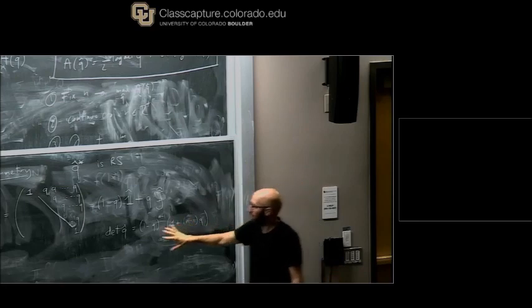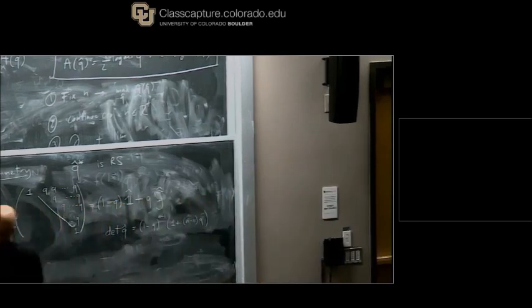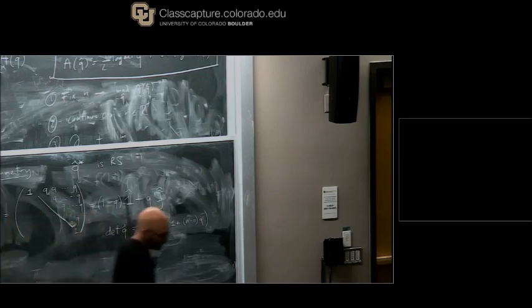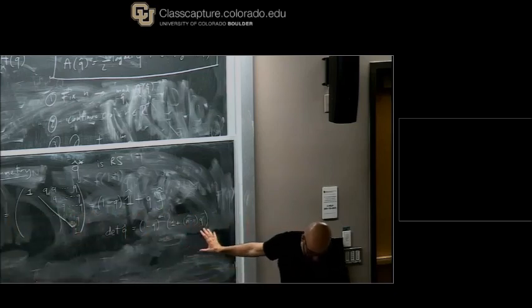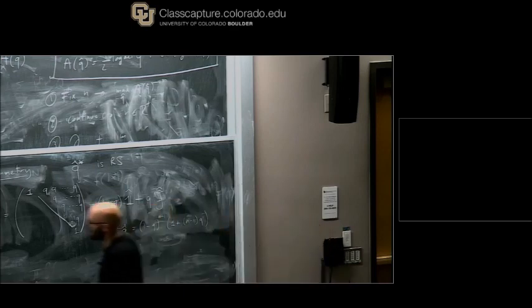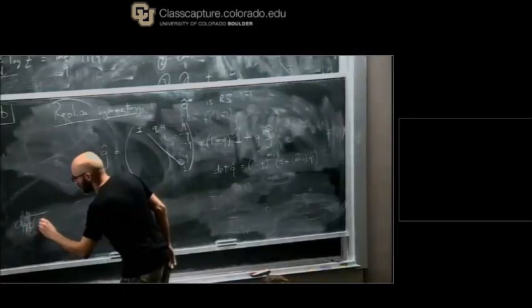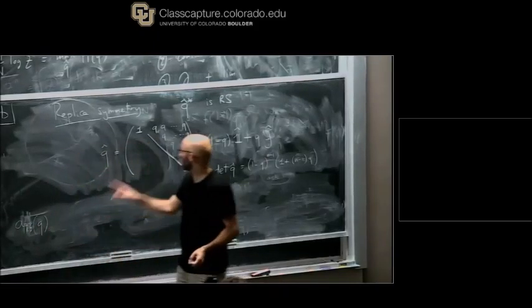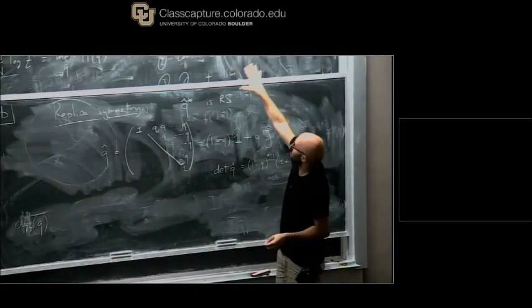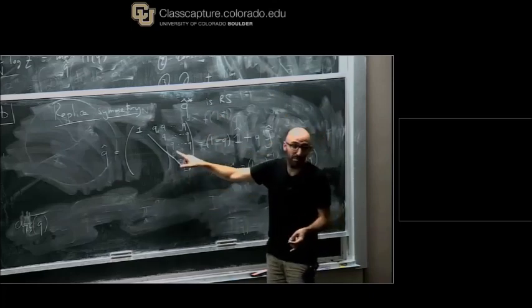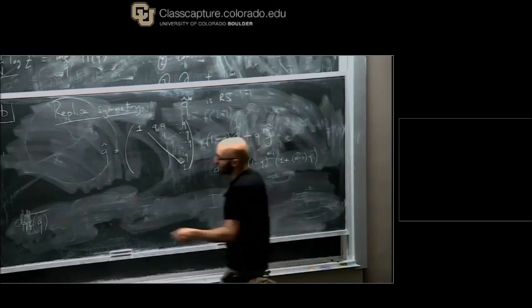Now, the function A of q, once I put it in this form, will become what I will call little a RS of q, which depends only on a number, which I call little q, whereas before it was a function of a matrix. And how does it look?